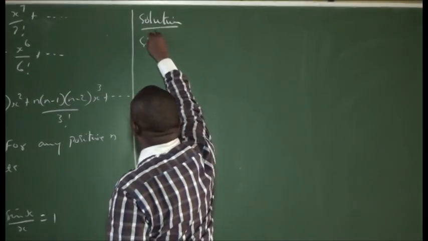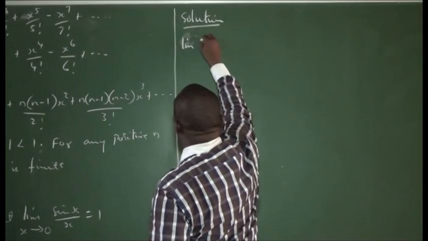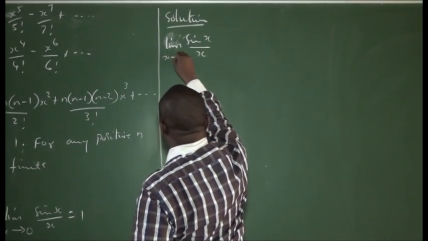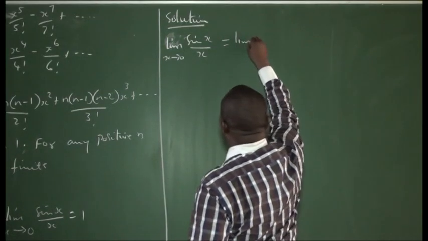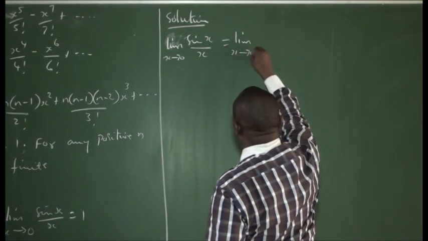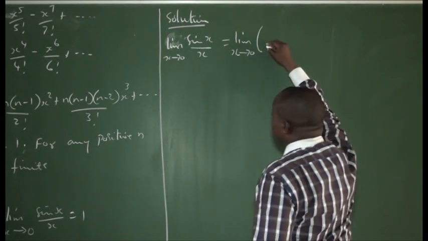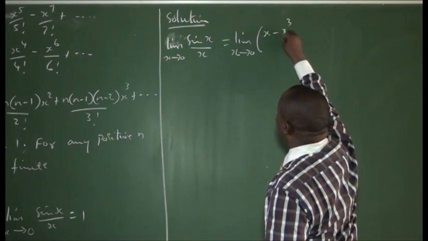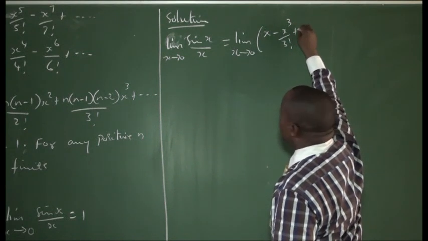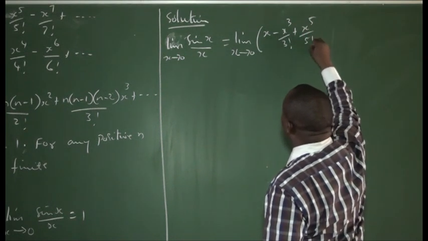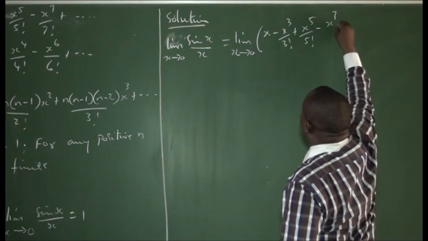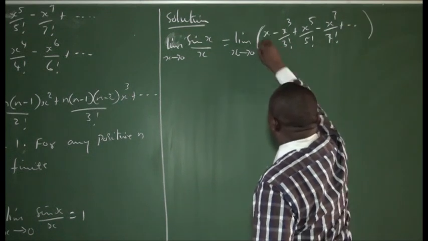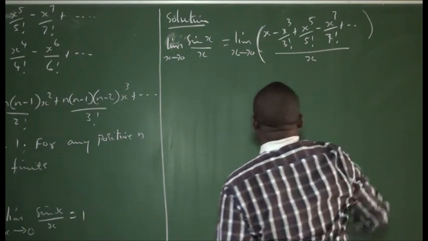I know that the limit of sine x over x as x approaches 0 is equal to the limit as x approaches 0 of sine x, then sine x is x minus x cubed over 3 factorial plus x raised to the power 5 over 5 factorial minus x raised to the power 7 over 7 factorial, continue in that way, over x.